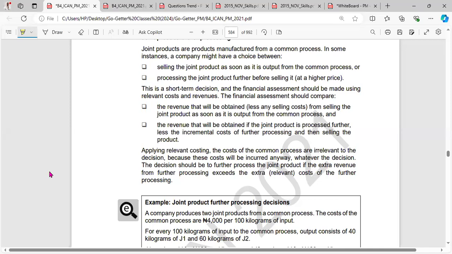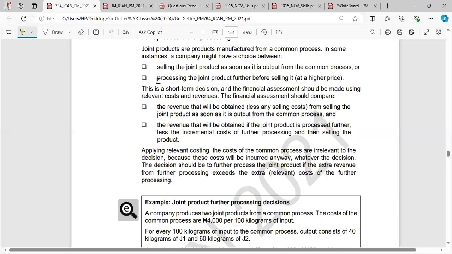But now the decision will be, should we process further or should we not process further? If we are processing further and we have a relevant benefit from processing further, then we should go ahead and process further. But if we do not have any benefit from processing further, then we should not process further, but sell when it is coming out as output from the common process.